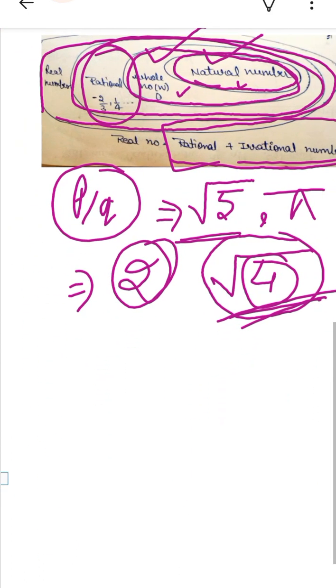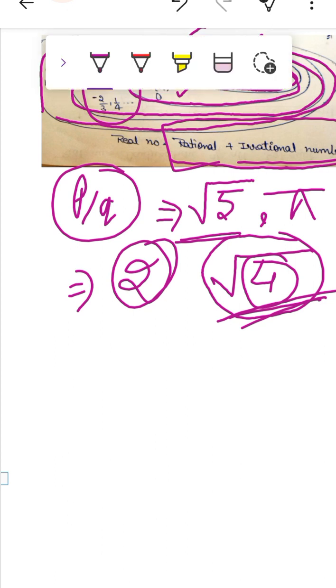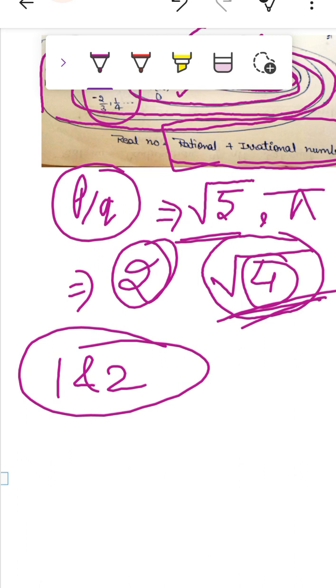Next, the first question is: find the rational number between 1 and 2. See, we can find the rational number by taking the average of these.